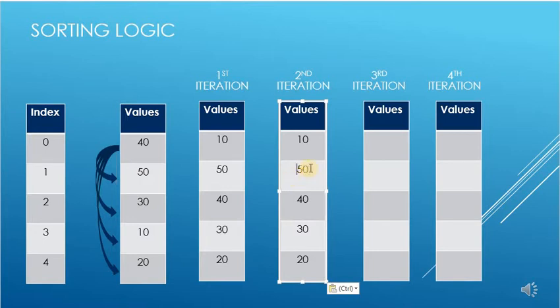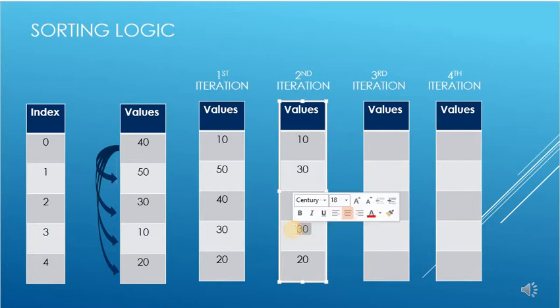So now let us see, the first element will be compared to the second element. So swapping will be executed, 40, 50. Now the first element is compared to the third element. Again the value of the first element is greater, so the swapping will be executed.